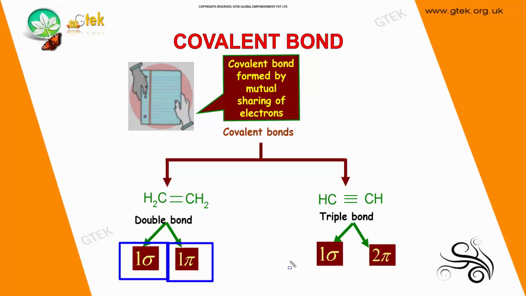So this is how s and s combination becomes ss overlap, s and p combination becomes sp overlap, and p orbital combination becomes pp overlap. This is how your sigma bond is formed.